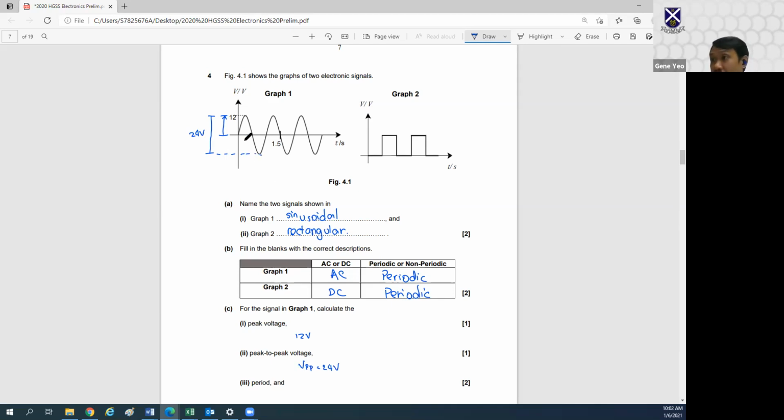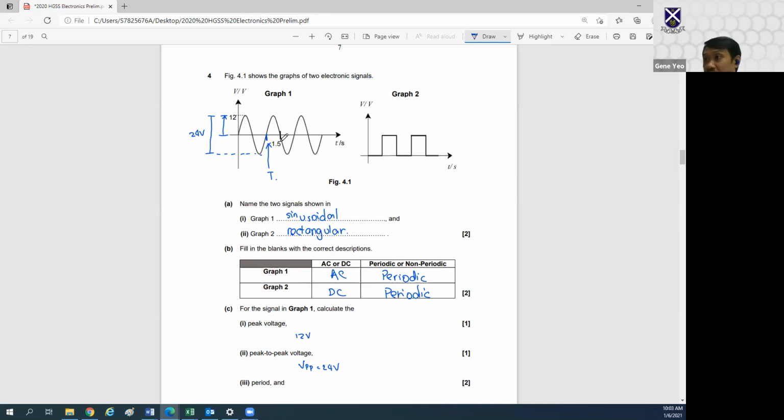Next, period. Period is the time taken for one complete wave. So this is one complete wave over here. So this is the period, T. Unfortunately, they did not give me the value over here.